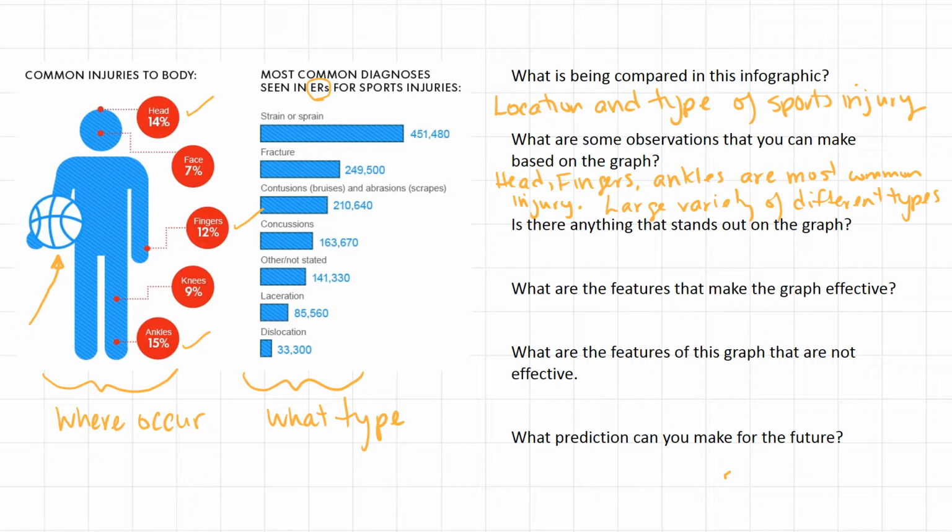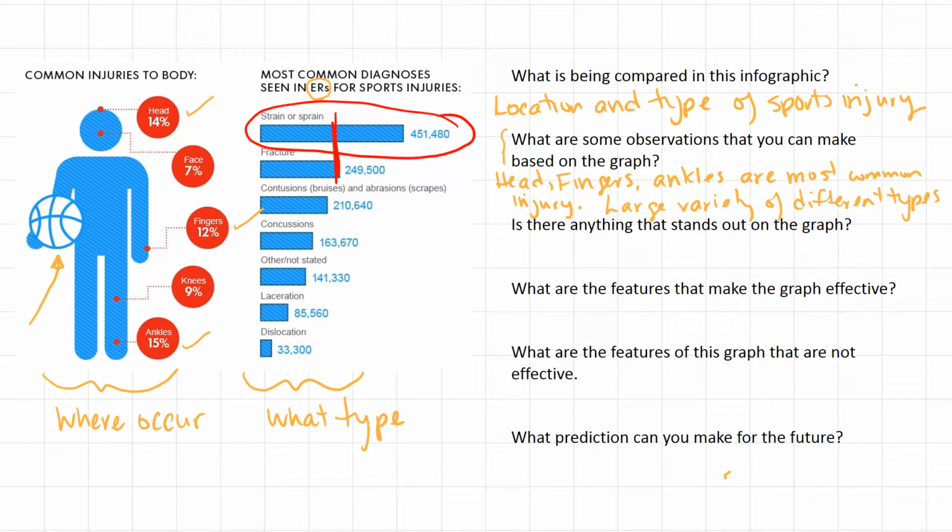And what you see in an infographic can be influenced by how the infographic is presented, but it's also very subjective. You might see something else in this graph compared to what I saw. Is there anything that stands out in the graph? Well, to me, what stands out on the right-hand side, especially, is this large bar here.